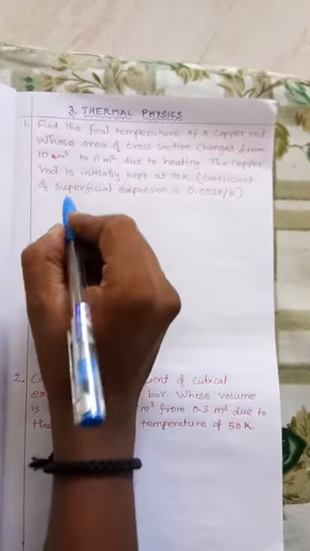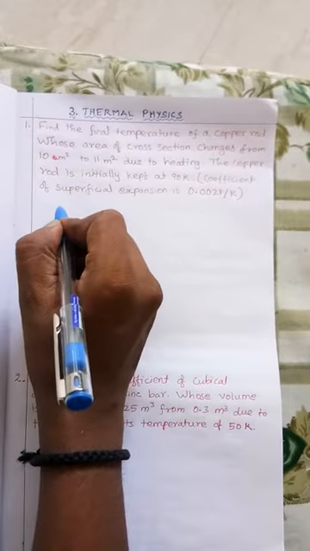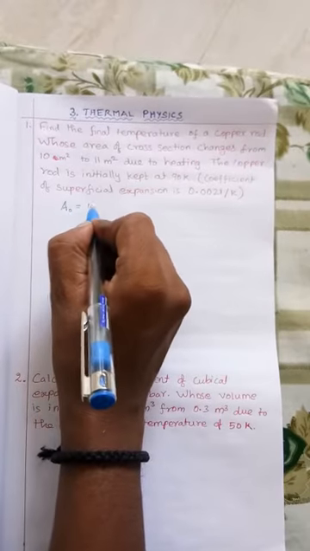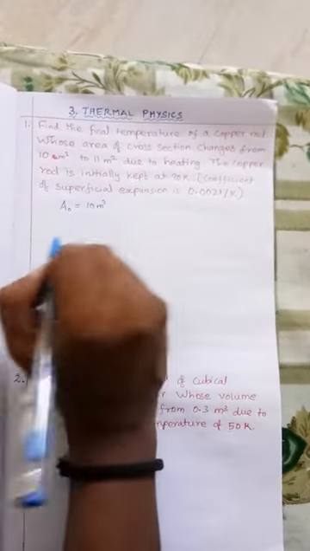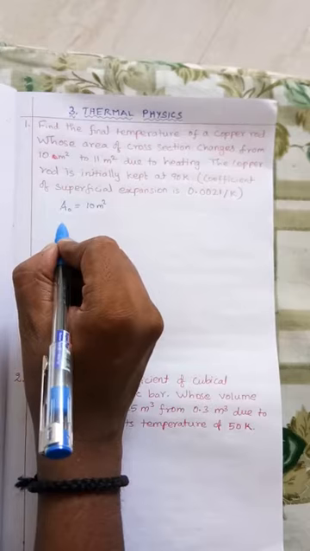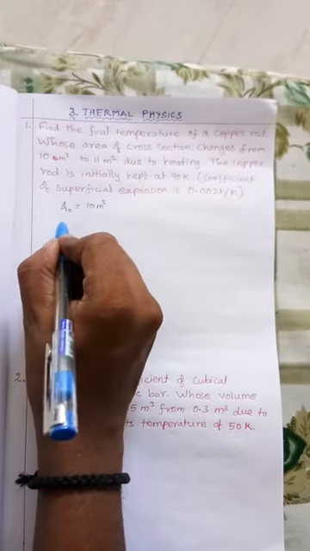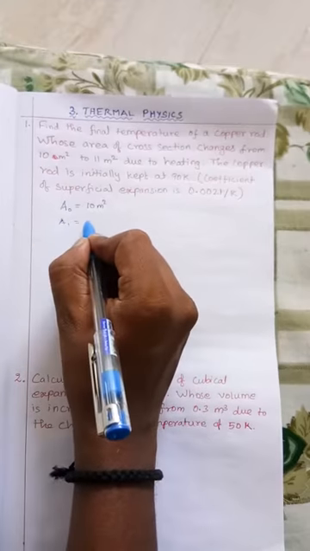Here, the initial area is given, 10 meter square. The final area is given, A1, 11 meter square.